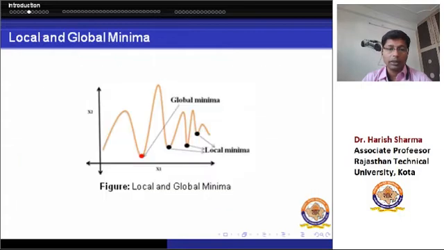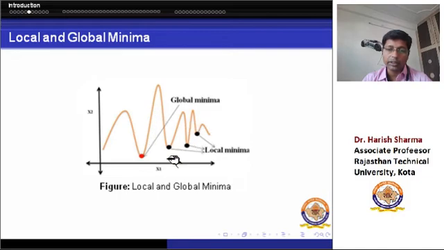Now let's suppose this graph represents the global minima and local minima of this optimization problem. Here, one is the global minimum and these three are local minima.